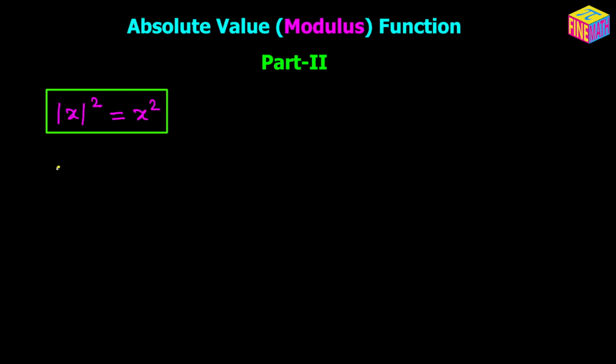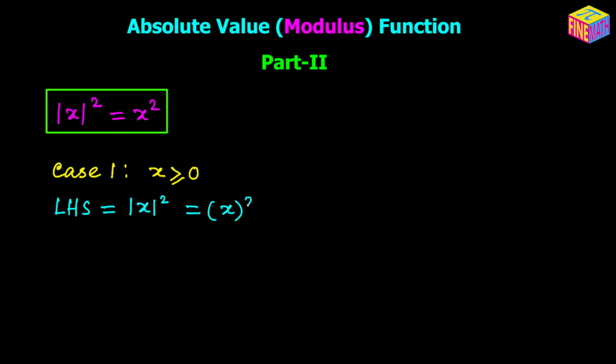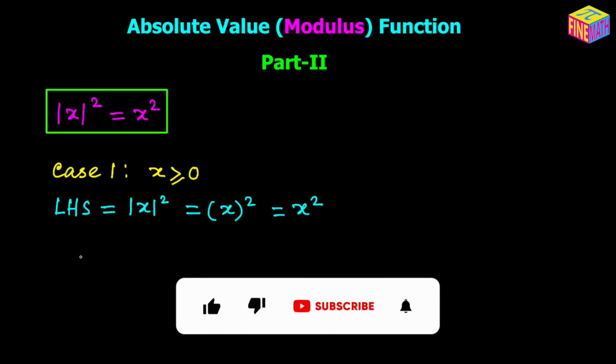Let's say case 1, and let's assume that x is non-negative. So if x is non-negative, how is our left hand side going to look? Well, left hand side has modulus of x whole squared. So if we remove the modulus sign, x will come out as positive x, and then we have the square sign there. So this is nothing but x squared. And what about our right hand side?